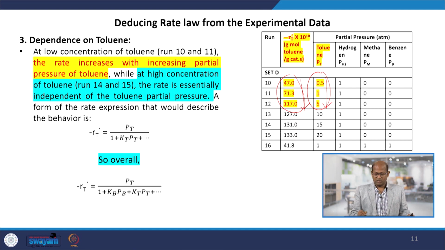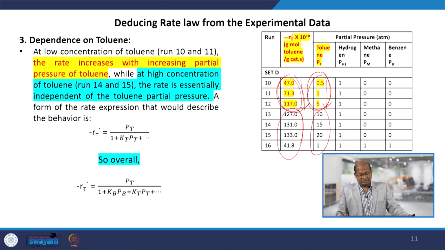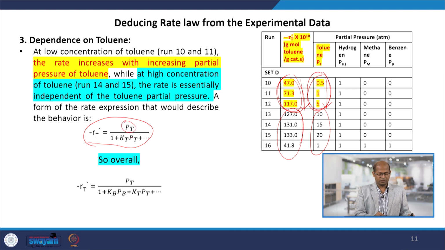So, we can say that at low partial pressure of toluene the rate increases linearly, directly proportional, if we increase the partial pressure of toluene. But at high partial pressure, you can see the rate of the reaction decreased. So, based on that, we can write toluene concentration in the denominator and also here. This way toluene concentration varies.